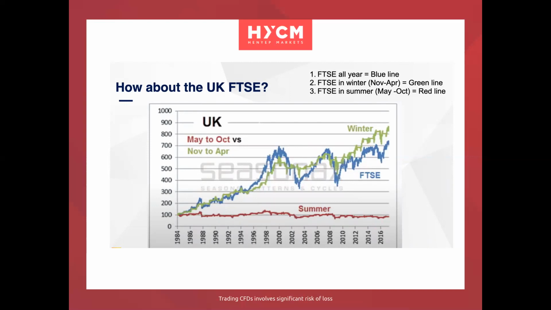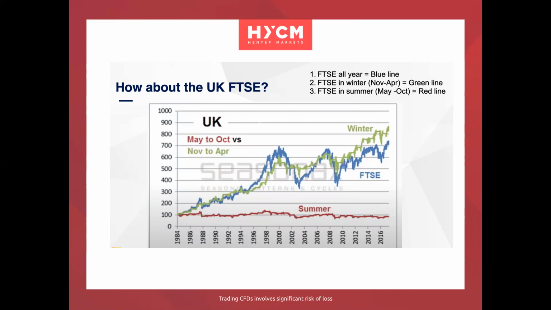You can see that the returns in the FTSE 100 are inferior when you compare that to the green line. Notice how you actually get better returns than the FTSE 100 itself. So you're better off since 1984 holding the FTSE 100 between November and April, and then letting your money go.